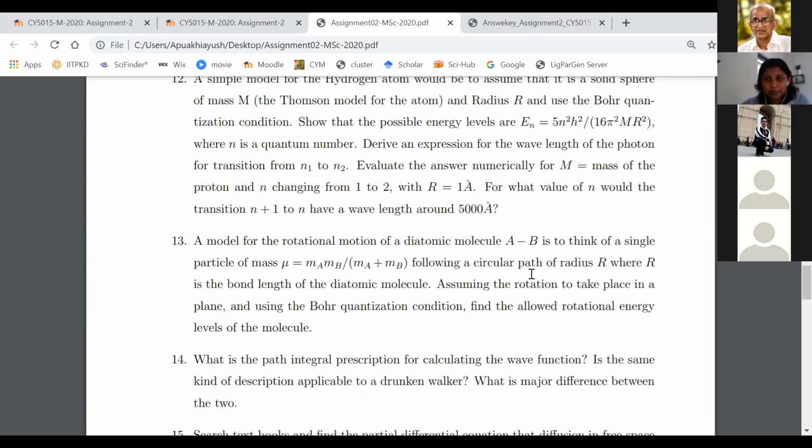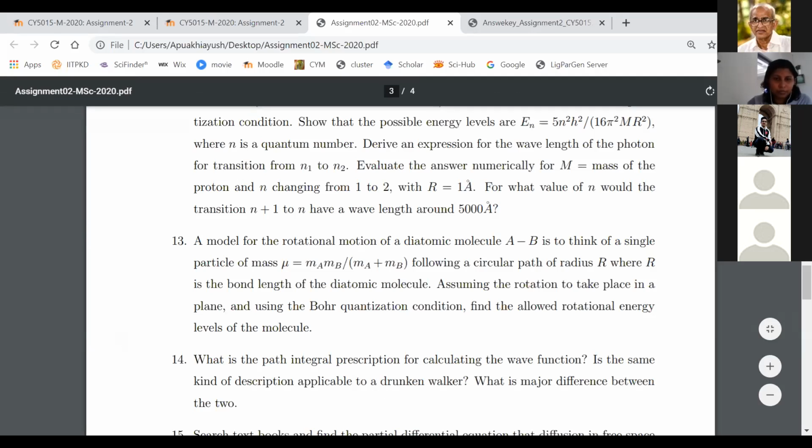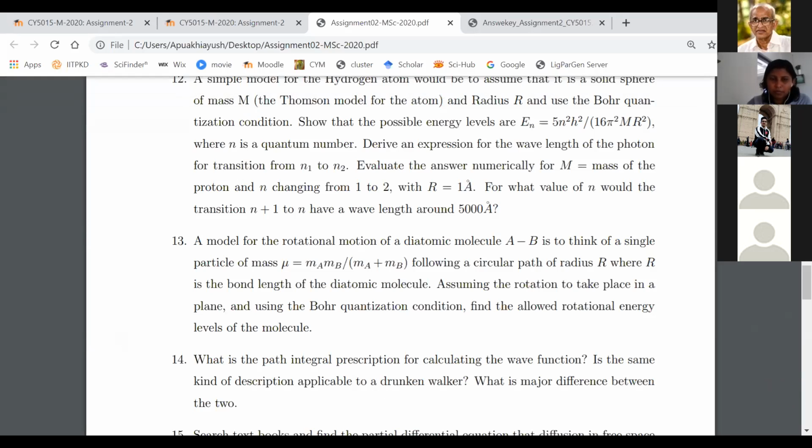So if it is rotating in a plane, the rotational motion of a diatomic molecule is equivalent to that of a single particle of mass mu.